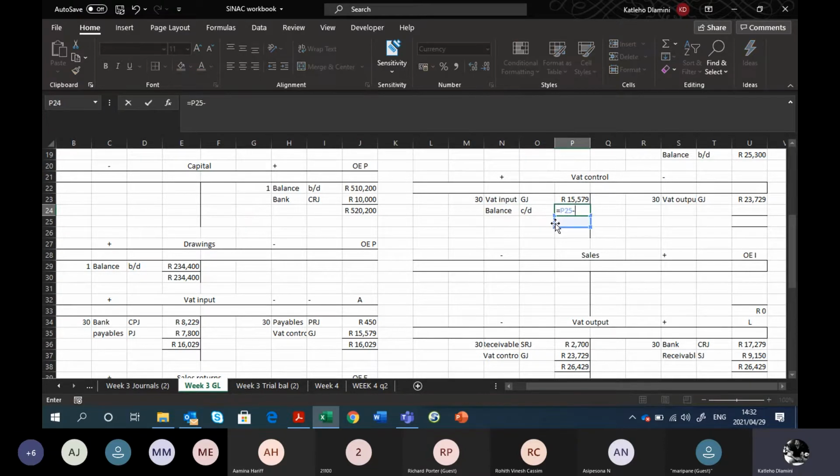Whatever amount this will be minus that amount is equal to this.